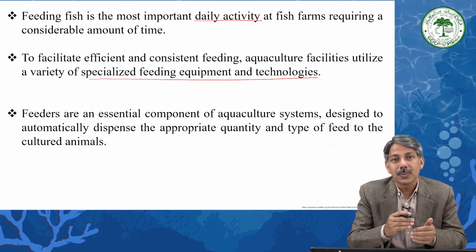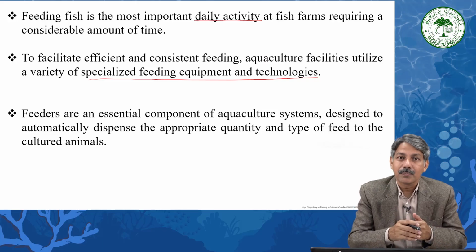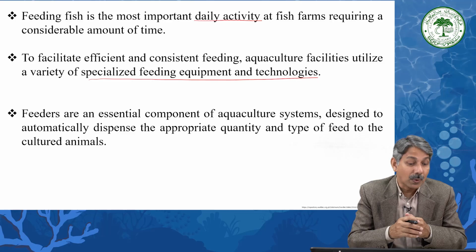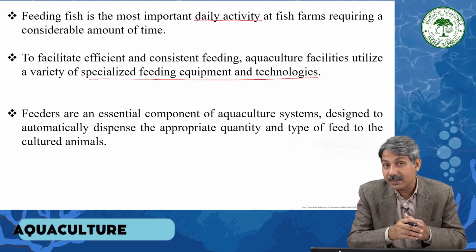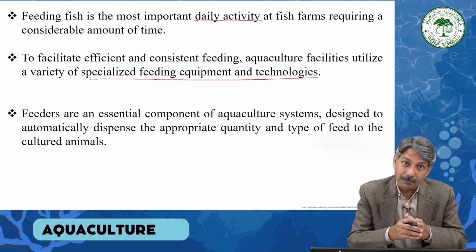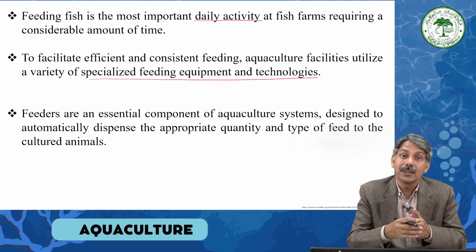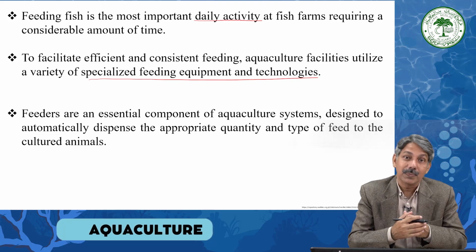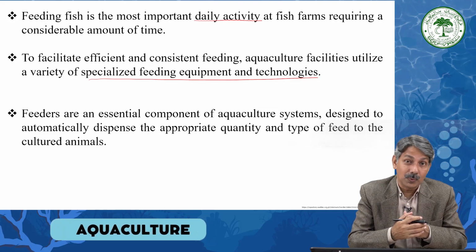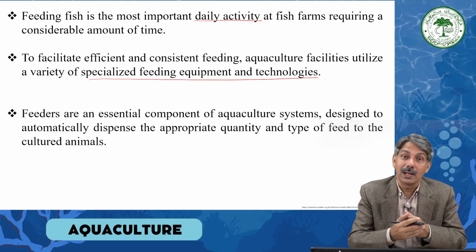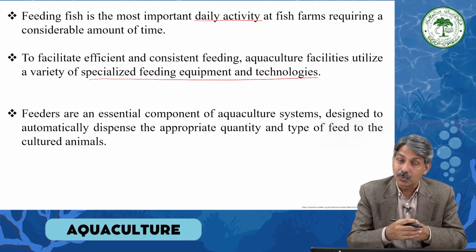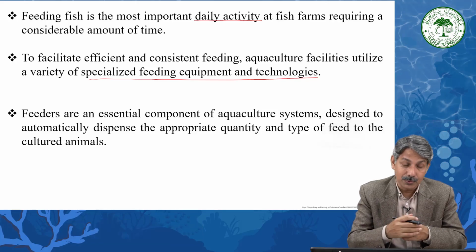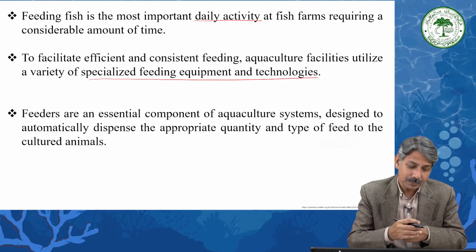This is the main factor in what kind of feeding method, what kind of feeding practice you shall be adopting, and what kind of inputs, in terms of economic inputs, you will need, or whether you need to do it with a large number of manpower in order to provide the fish the required food, or you need something else.